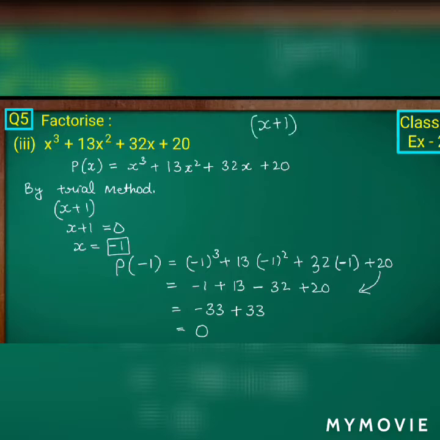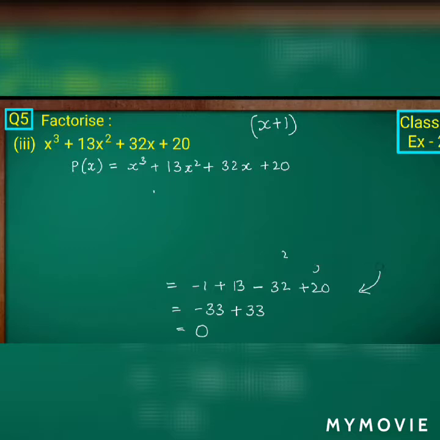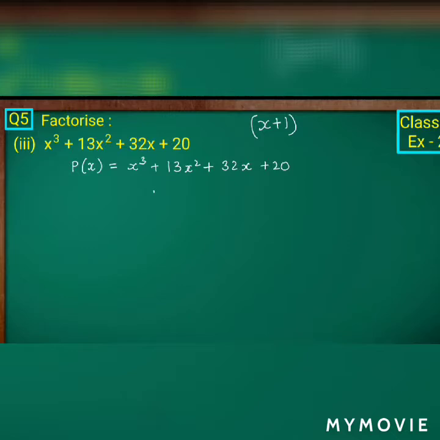Or else you can directly go for minus 1 minus 32, which is minus 33, and plus 13 plus 20, which is plus 33. However you do it, you will get 0 only. So the g of x we have got here is x plus 1.